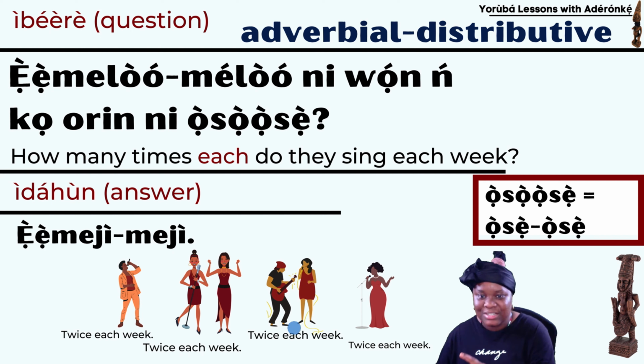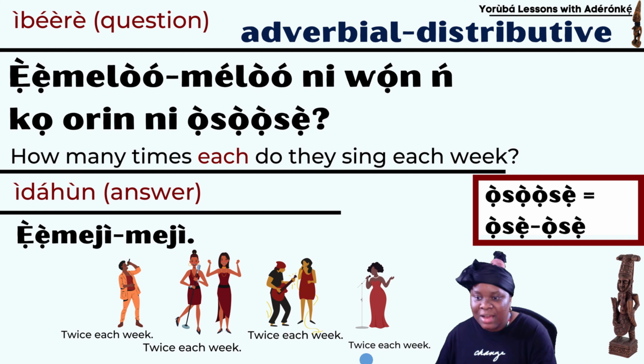It'd be twice each month if this was oṣooṣù. It'd be twice each year, but the point is twice each, two times each week. How many times do they sing each week?